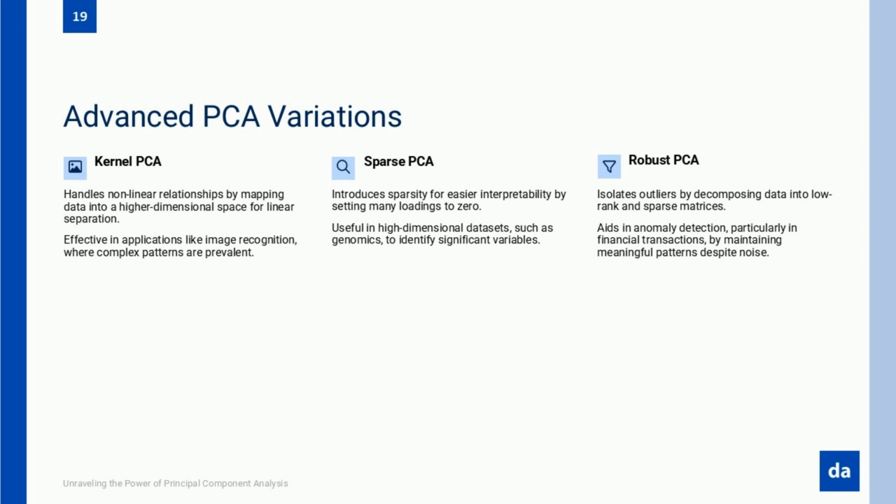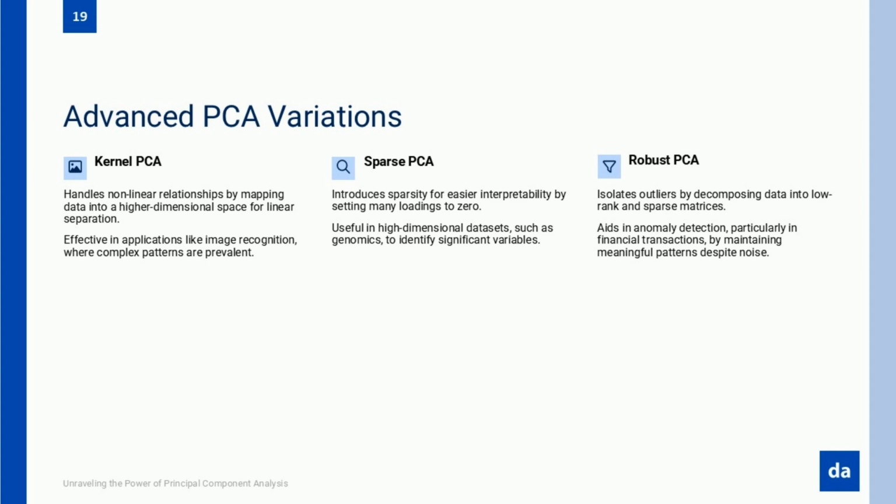In image processing applications, kernel PCA has proven remarkably effective at recognizing patterns that standard PCA would miss entirely. The technique essentially transforms the data into a space where complex, curved relationships can be represented linearly, then applies standard PCA principles in this transformed space.